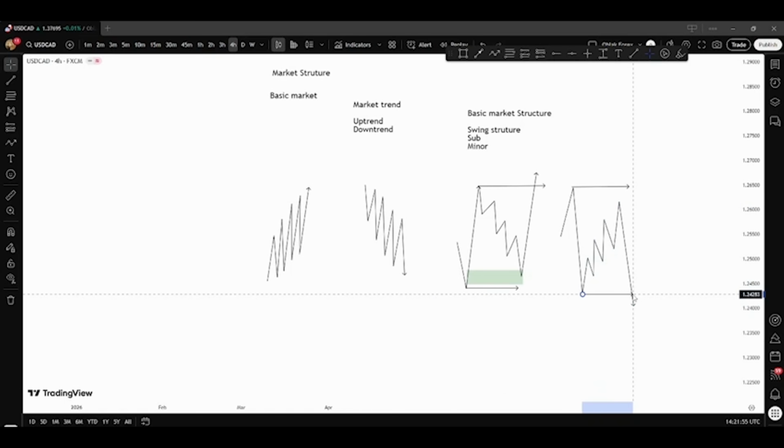So that is just it. This reversal is the substructure, while this move that you want to catch to take out the next low is your minor structure, guys.